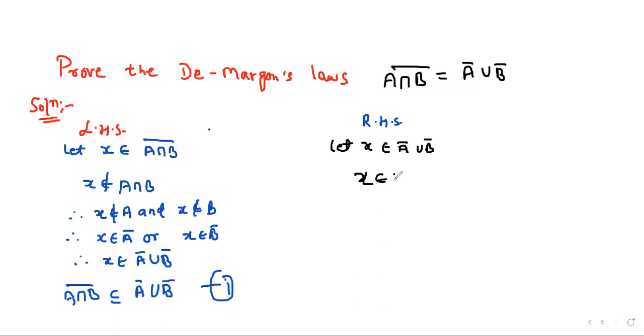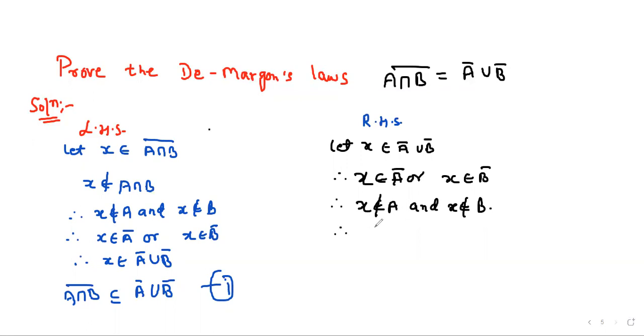X belongs to A complement or X belongs to B complement. If X belongs to A complement, it means that X does not belong to A, and if X belongs to B complement, X does not belong to B.